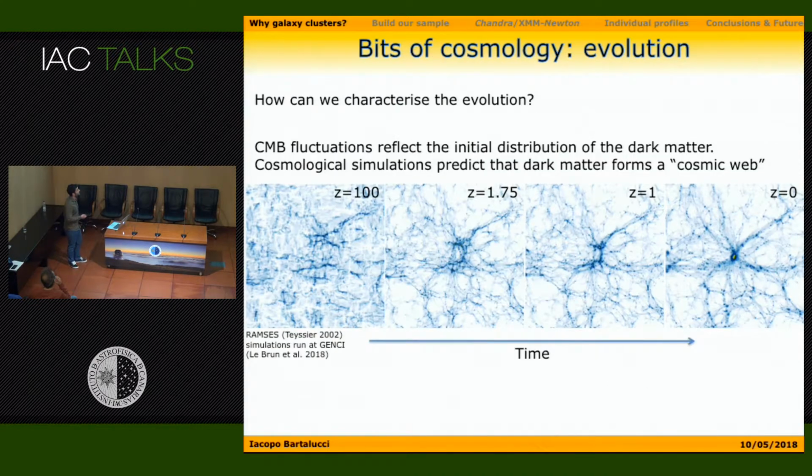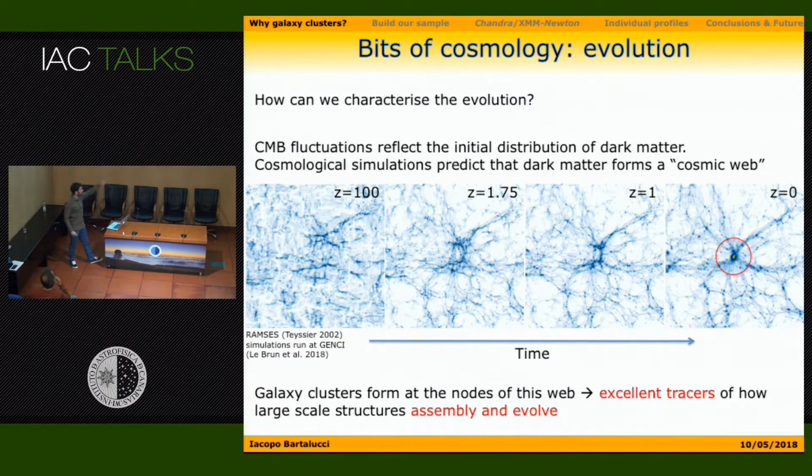Now, how can we characterize the evolution? From simulations, and in particular, as we can see here from the simulation of Lebrun et al. 2018, we start from a condition where we see small fluctuations in the dark matter distribution at very high redshift, and then as time goes by, we end up with this sort of cosmic web structure, where at the intersections we find galaxy clusters.